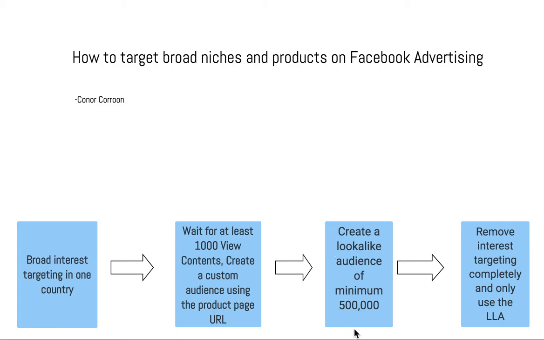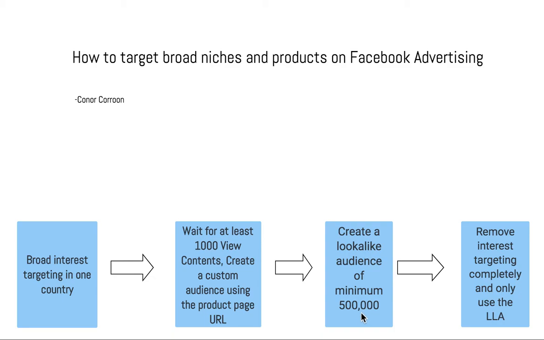When you're creating a lookalike audience, you can choose the option to use 1% of the total country's population. Remember, we can only use one country. 1%, 2%, I think it is, 3%, 5%, or even more. Obviously, the bigger percentage you use, the bigger the audience is going to be. So minimum 500,000. I think in America, if you choose the smallest option, which is 1%, you get an audience size of about 2 million.